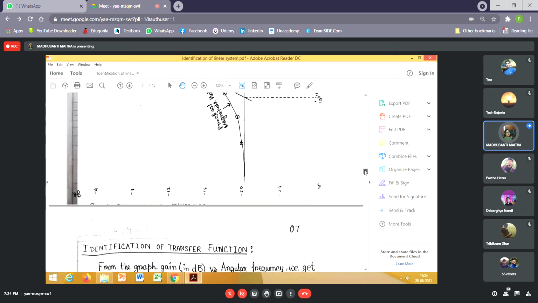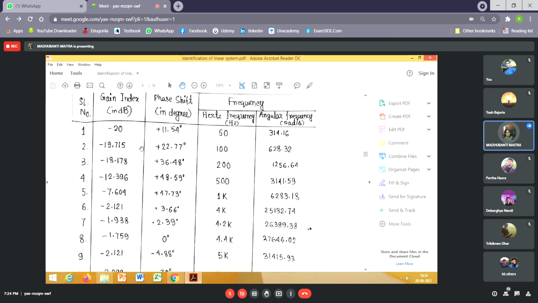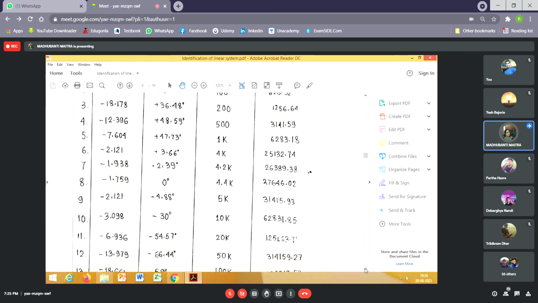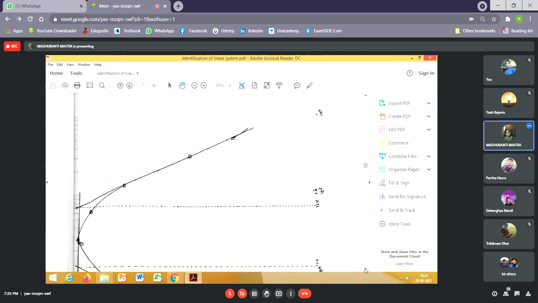So from this table, you see, we have already calculated the phase shift. These are the experimentally obtained phase shifts.